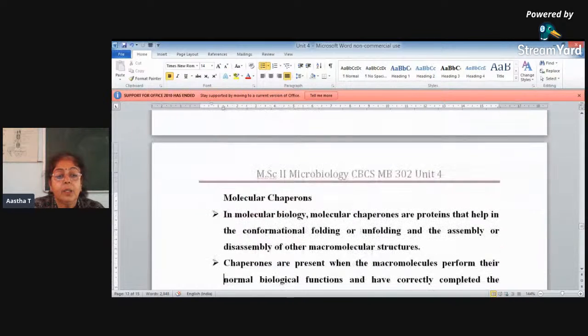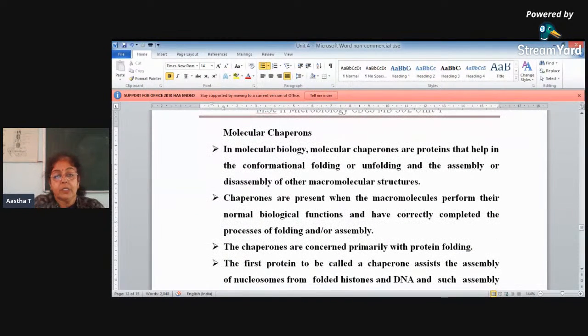Next is molecular chaperones. In molecular biology, molecular chaperones are nothing but the proteins which help in folding, unfolding, assembly, and disassembly of various structures, and thus they help in maintaining the conformation of a particular macromolecular structure.